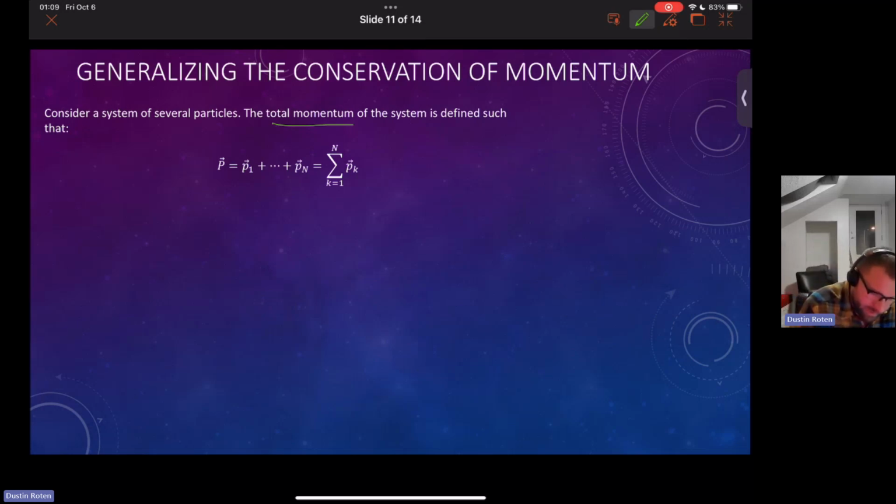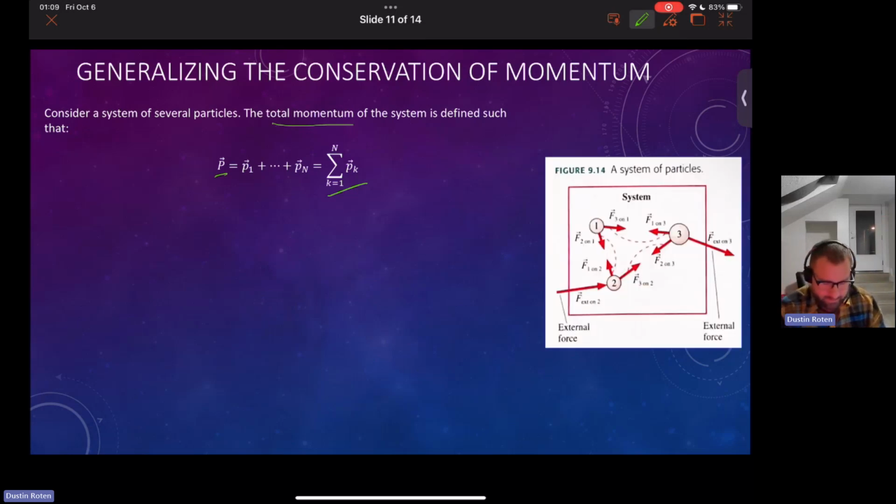So I'm using a capital P here for total momentum. So the momentum of the whole thing, we just start adding all these individual momenta up. You can see I've done that here with my P1 to Pn. And I can simplify that just by saying, well, it's the sum of all the momentum.